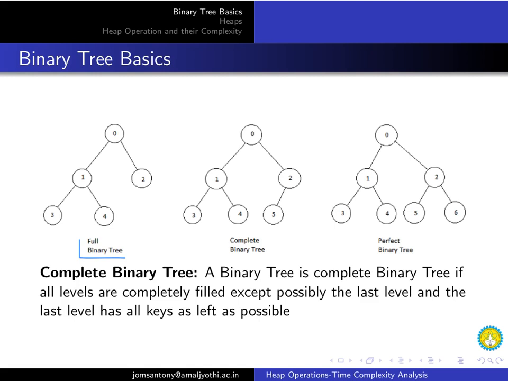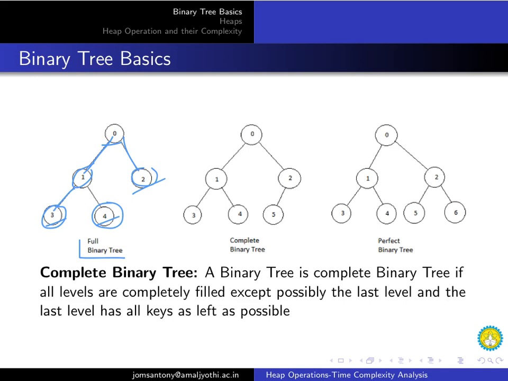If you look at this diagram, the leaves are 3, 4 and 2, and the internal nodes are 0 and 1. 0 has got two children, that is 1 and 2, and 1 is also an internal node. It has got two children which are 3 and 4. So this is a full binary tree.